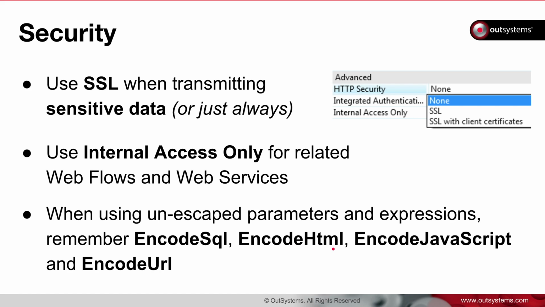If that expression has a script tag, as we've seen previously, and you're using the variable that came from the outside as something to be assigned to a JavaScript variable, then you should use EncodeJavaScript. And finally, if you're setting up your own manual URL at the destination for a link or a button, you should use EncodeUrl. Now again, there's more information on this in the Security Masterclass.